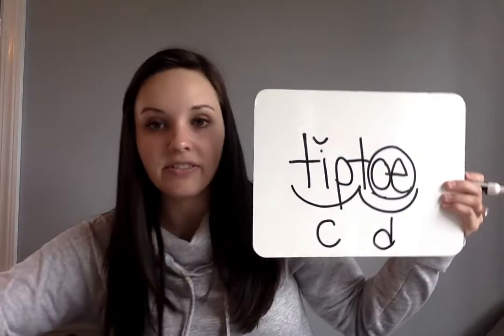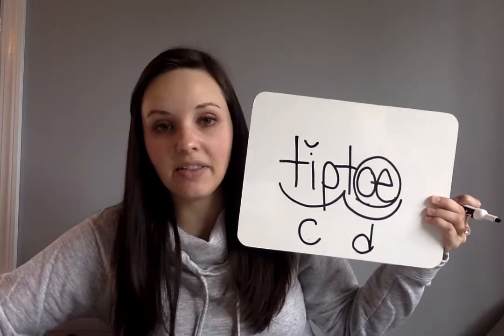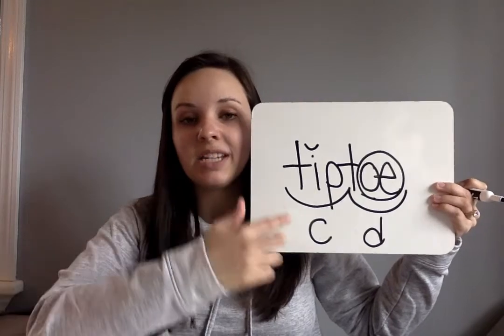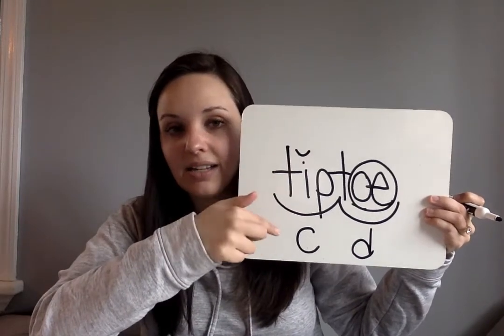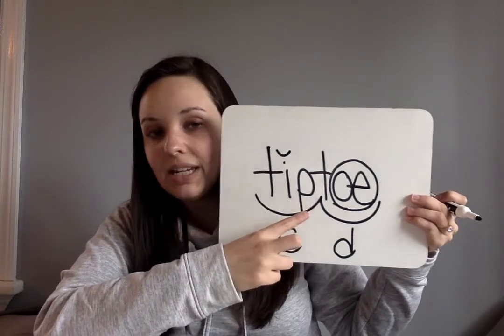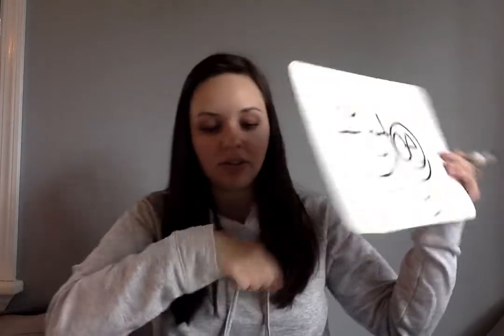You should have T-I-P, T-O-E. Compound words, they come together. Tiptoe, two claps. So I have tip, the I makes the I sound. I put the C underneath because it's a closed syllable. O-E is one of my vowel teams for O. D underneath, it gets circled.